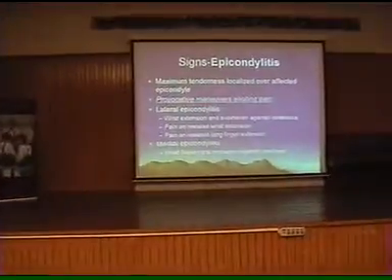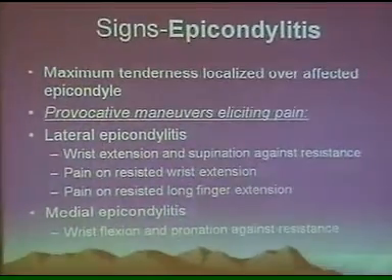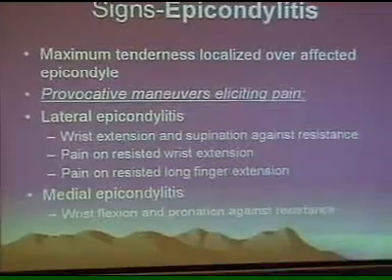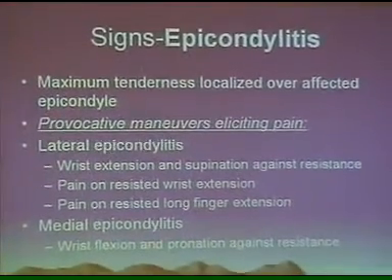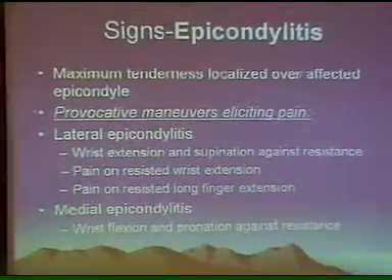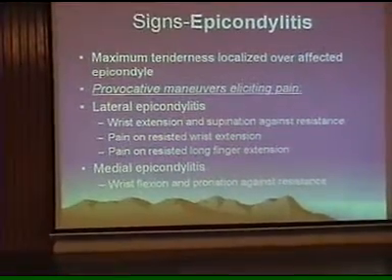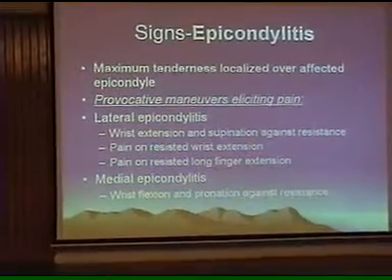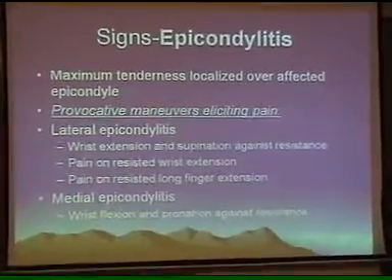Next please. Signs: there is maximum tenderness localized over the affected epicondyle, on the lateral side in tennis elbow and on the medial side in golfer's elbow. We can elicit these problems by provocative maneuvers.